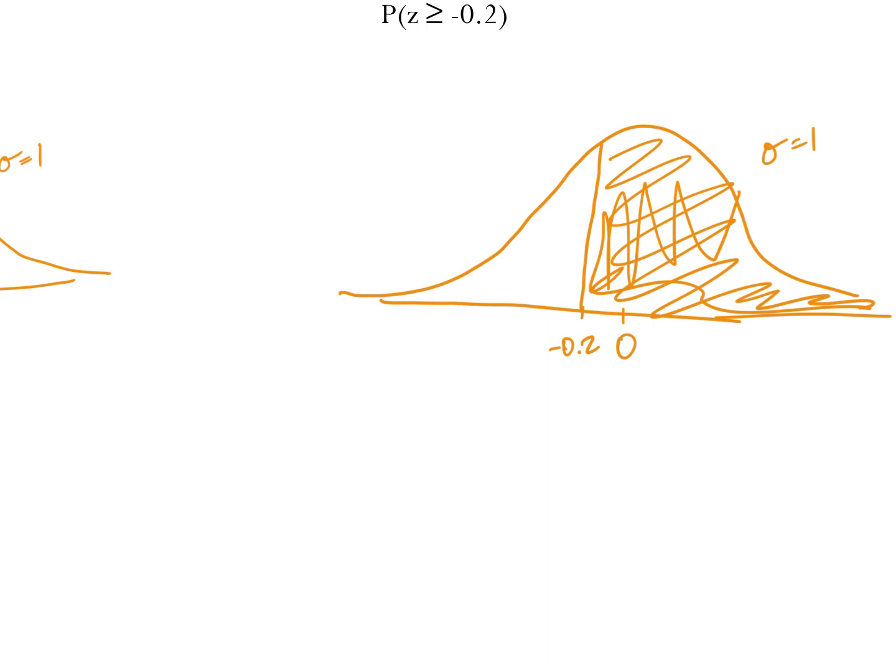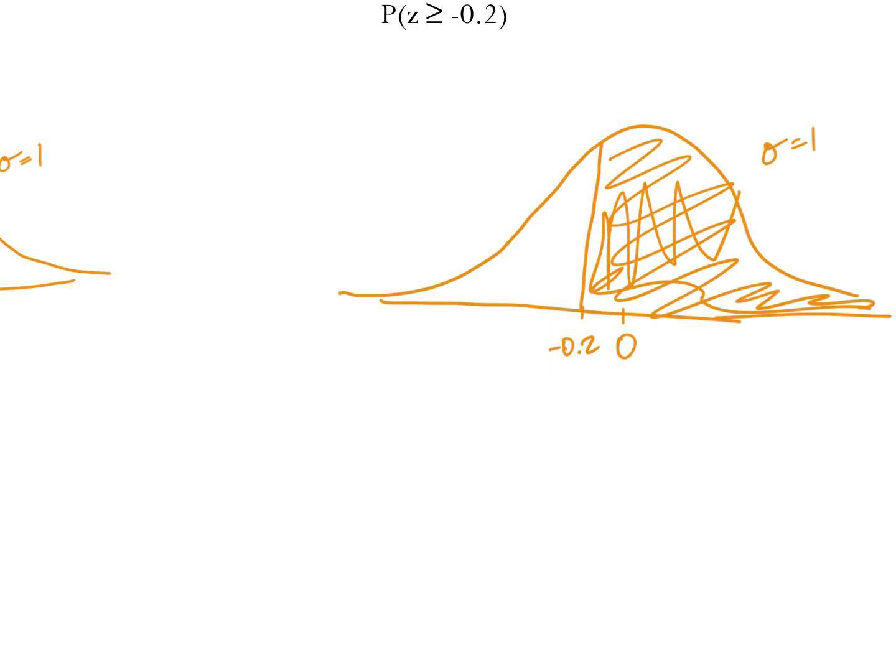Do you guys get what I'm saying so far? Okay? So one of the things I want you to do is start thinking through, before you put it in your calculator, what should the answer be close to? Start trying to make some sense out of it. So when I look at this one, I say, well, I know greater than 0 would be 50%, right? So I'm hoping for an answer that's a little bit bigger than 50%. What should my lower boundary be in this case? Negative 0.2.